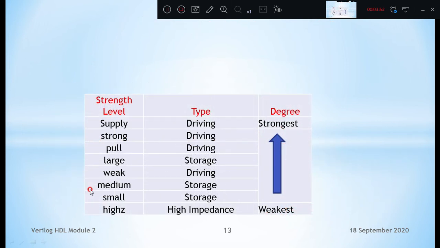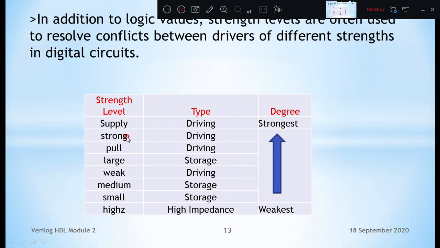Apart from the 4 value sets, to represent various levels in hardware circuits, we also have a strength level representation. In addition to logic values, strength levels are often used to resolve conflicts between drivers of different strengths in digital circuits.